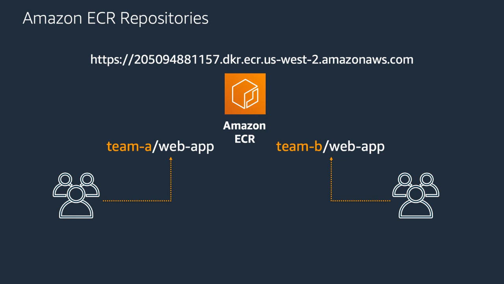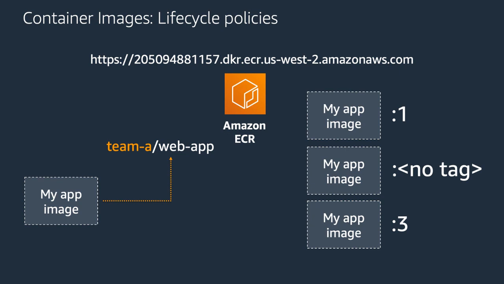Moving forward, the other interesting part we're talking about is that on container images you can define lifecycle policies. Lifecycle policies basically are specific actions you can take as part of it.